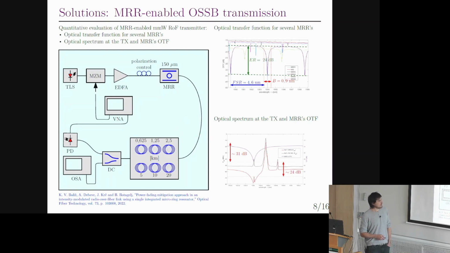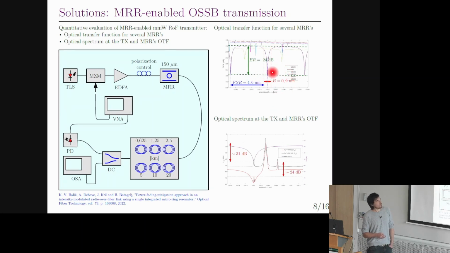We did that with the help of a photonic integrated circuit that was provided by Professor Wim Bogaerts from Ghent University. We investigated many ring resonators on that chip and tried to identify the suitable one for the job.